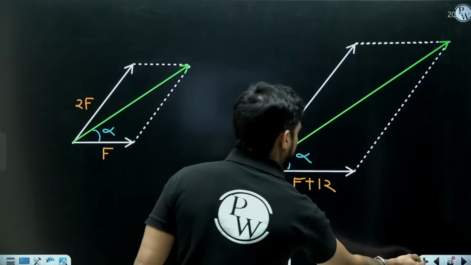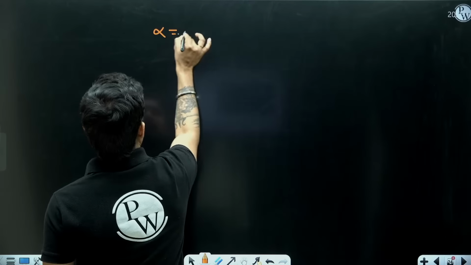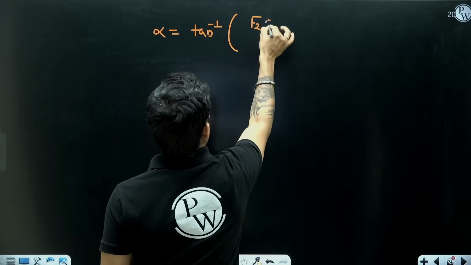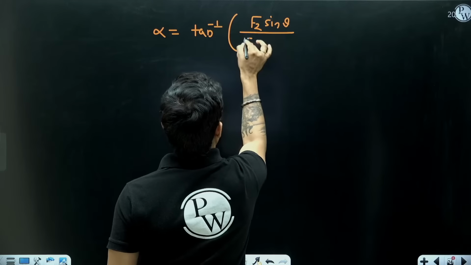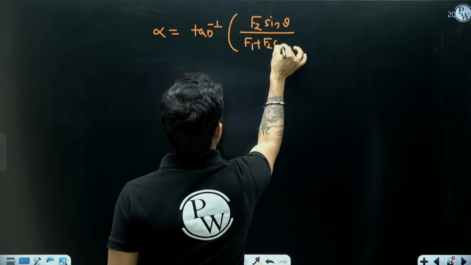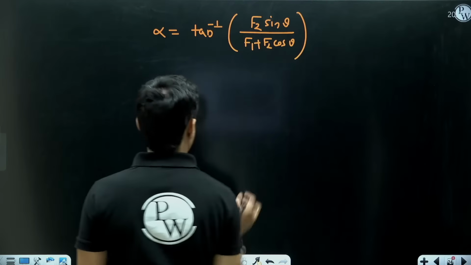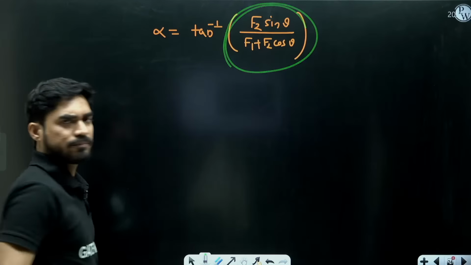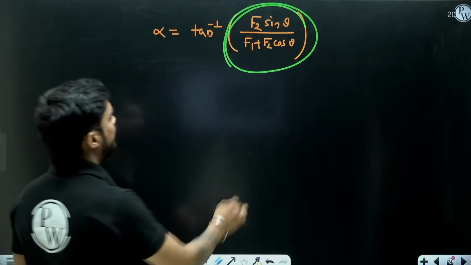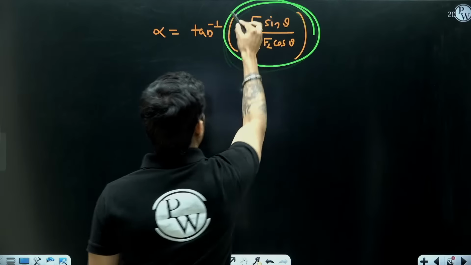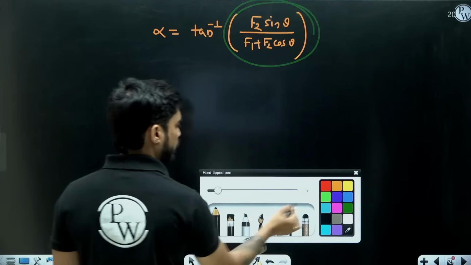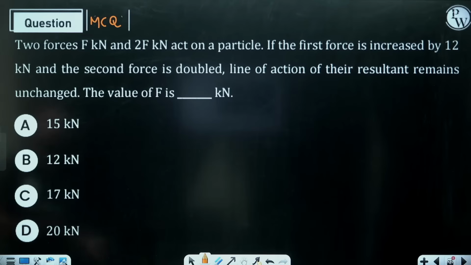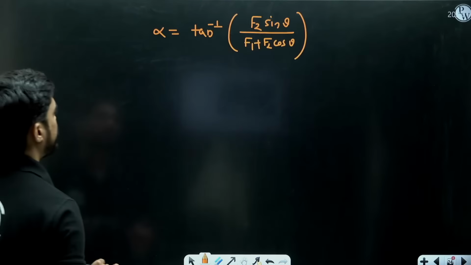Now what is alpha? Alpha is tan inverse of F2 sin theta upon F1 plus F2 cos theta. So if my alpha remains same, this value remains same. This value in both cases must be same. So now you need to equate these two things.